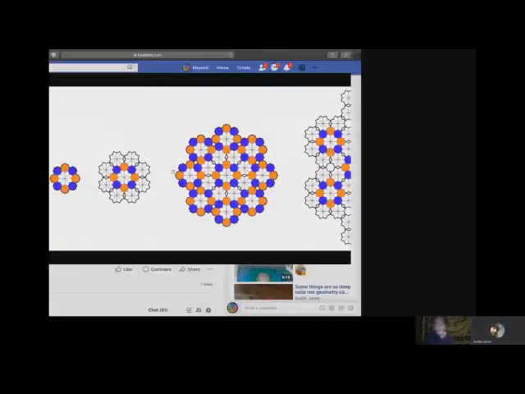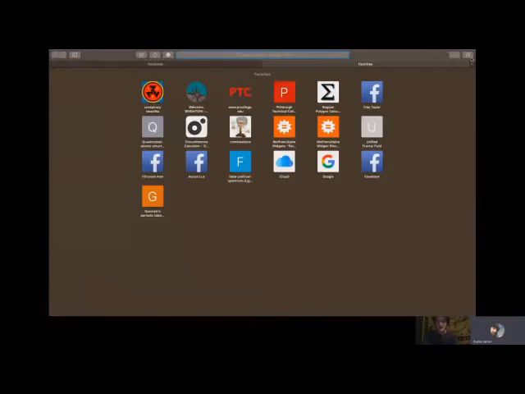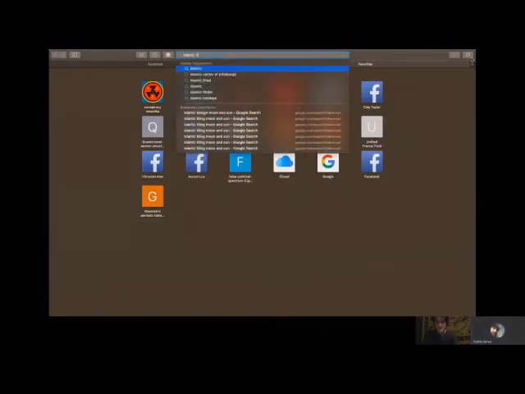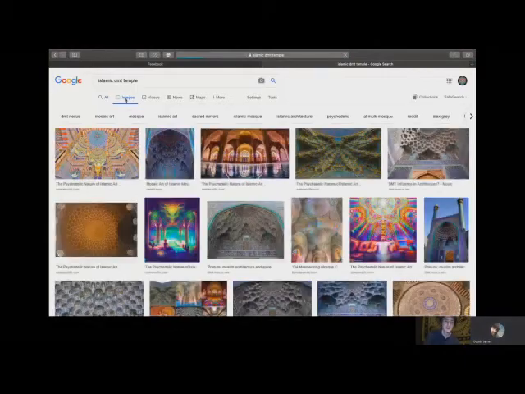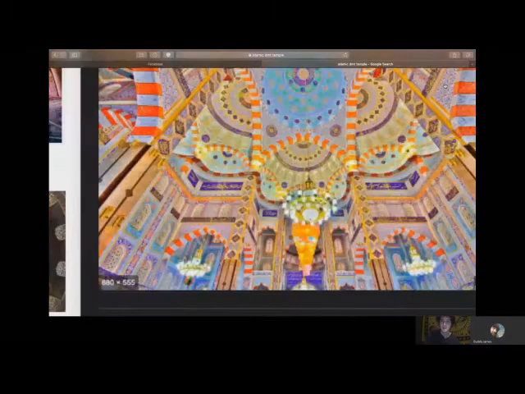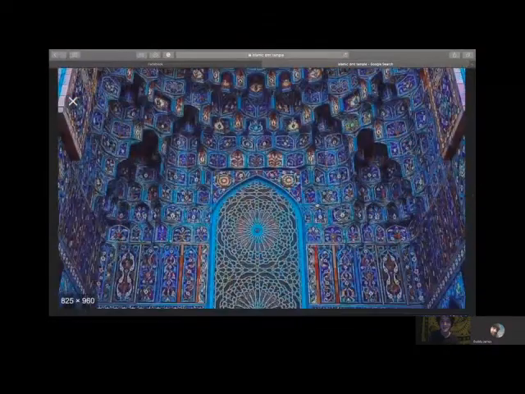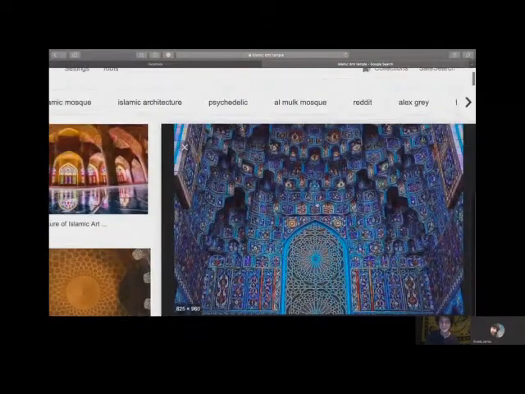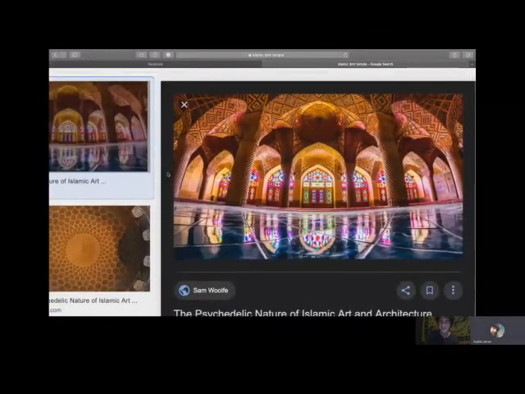I'll pull up, check this out. Go ahead. Bingo. Images. This stuff is absurd. These are real temples. Look at this. Look at that. Unbelievable. Yeah, and these are all handmade from like eons ago.